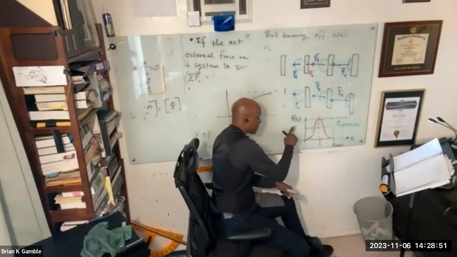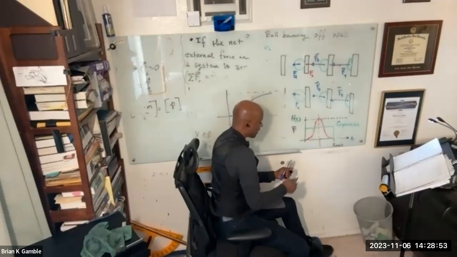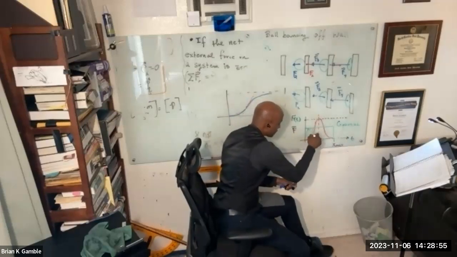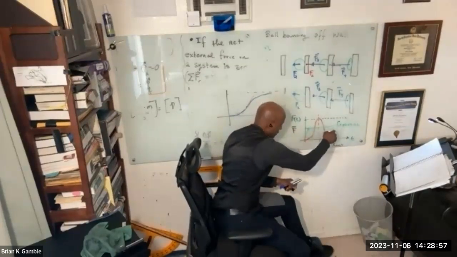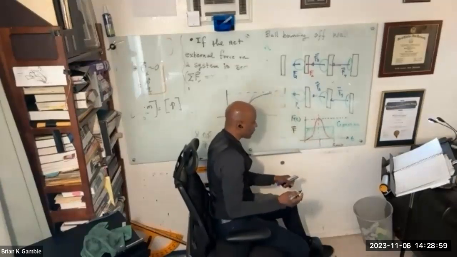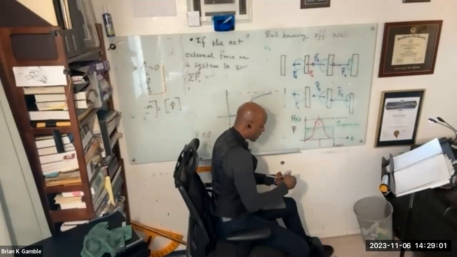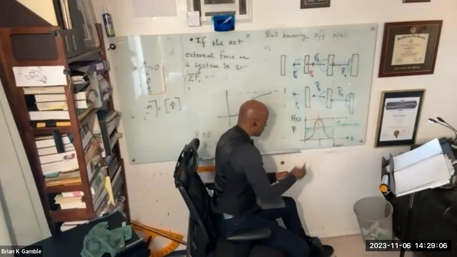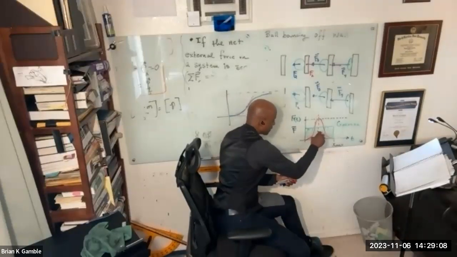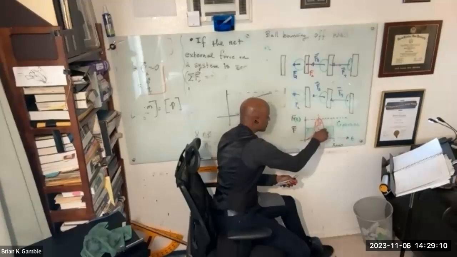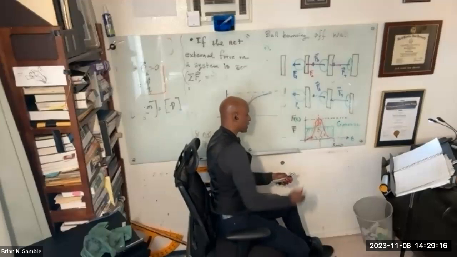But if you assume the average value, the area of this rectangular shape is very close to the approximation of the actual area under the Gaussian. So we could just deal with this and take the average value of the force of the Gaussian as opposed to dealing with the Gaussian.